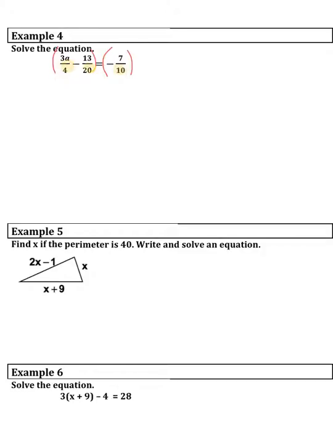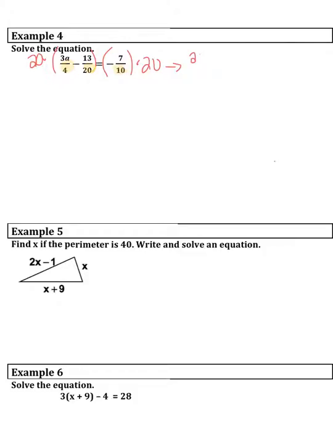The way you choose what you're multiplying by is you're really looking for a common multiple of 4, 20, and 10. So I'm going to put times 20 on the left and the right of this equation. Now, just to help you really see this, I'm going to actually show the times 20 by each term. Every term in the equation gets multiplied by 20.